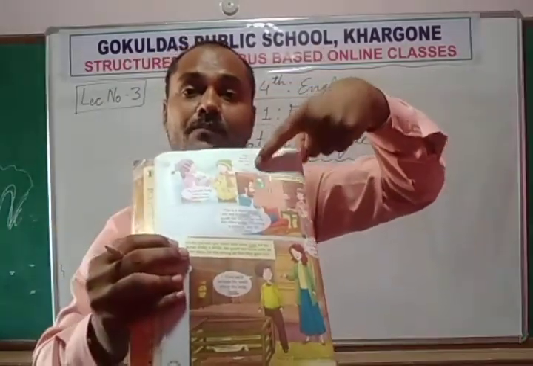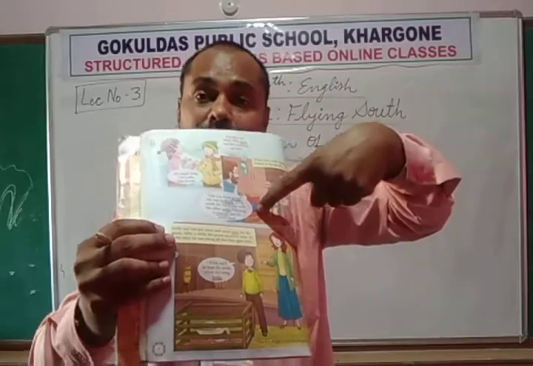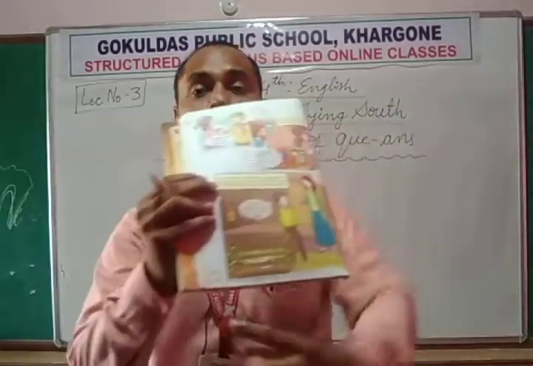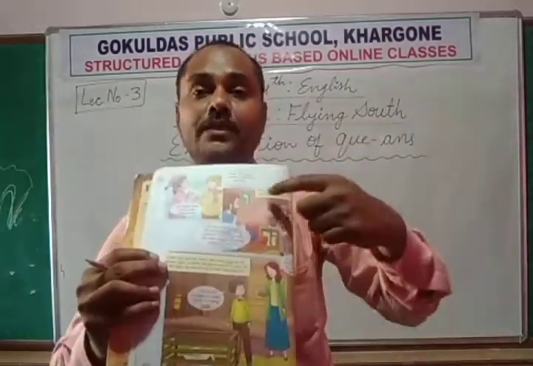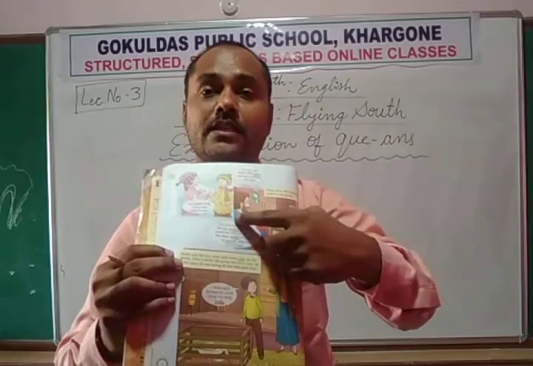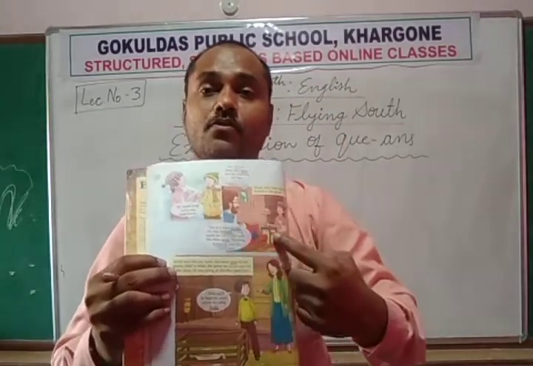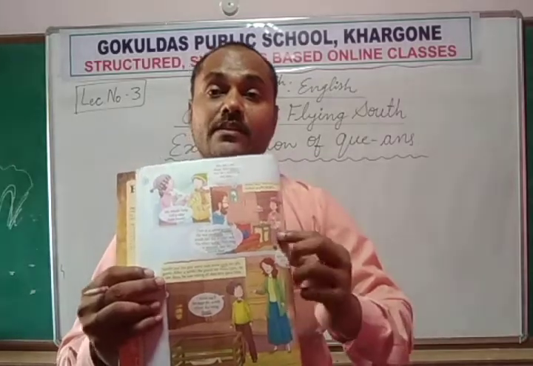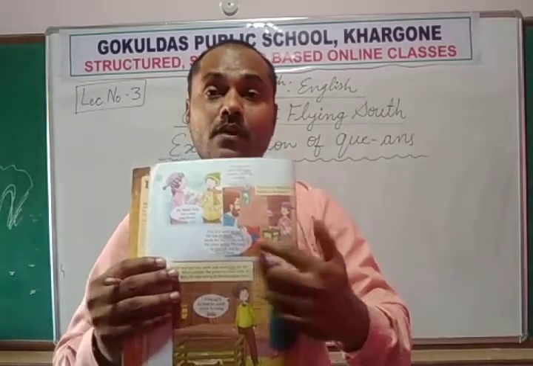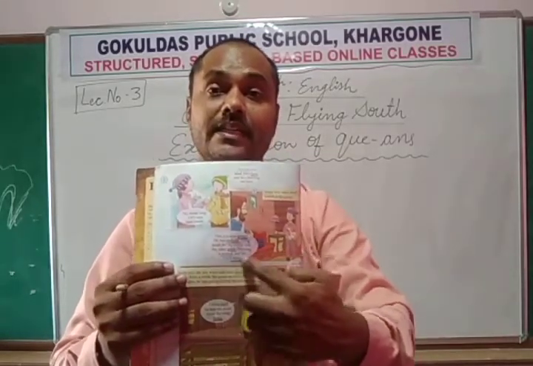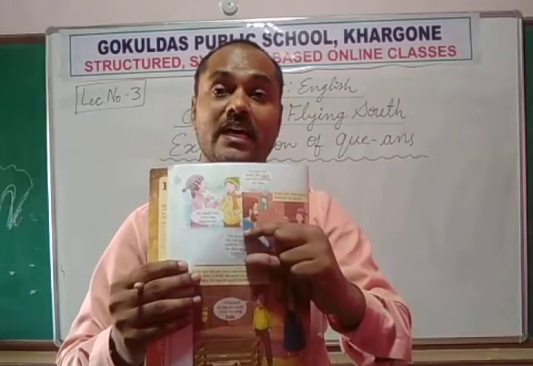Can you see picture number 3? It is on page number 2. Here you can see father. Father is talking to Molly. He is saying something to Molly. What did he say? It is written here.